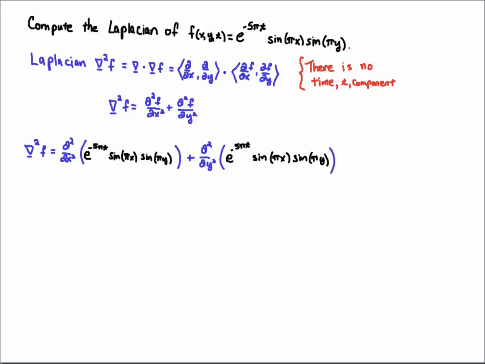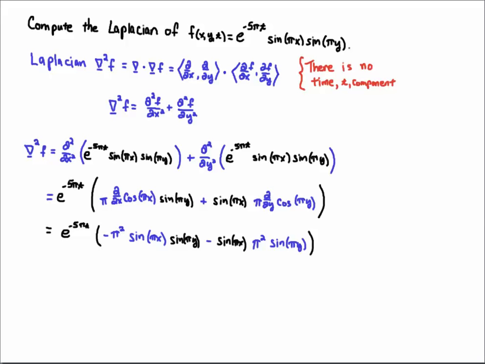Since the e to the minus 5 pi t is ignored by the spatial derivatives, I can just factor that out, and then I will simply take the derivative of the x component in this first term of the summand, and I'll take the derivative of the y component in this second term of the summand.